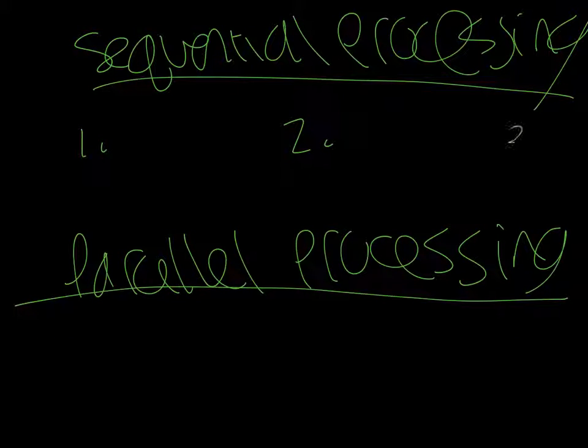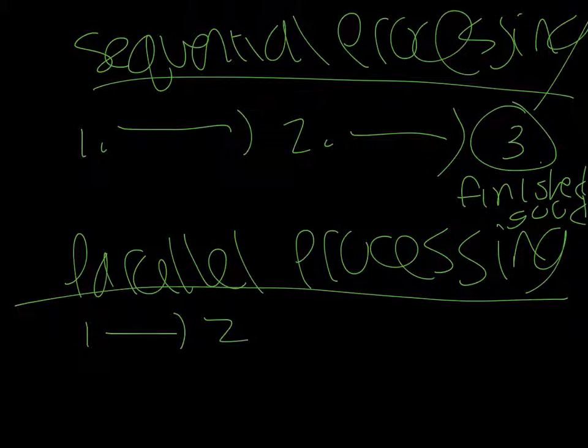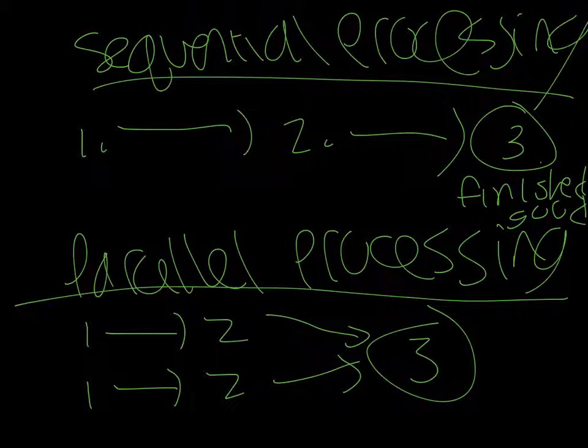So, in a three-step method where the third is the finished good, it goes from first to second to third, where you have to go from one step, as in a checkpoint, to the next. For parallel processing, there are many different ways, it could be one or two, to get to the final product, or the finished good.